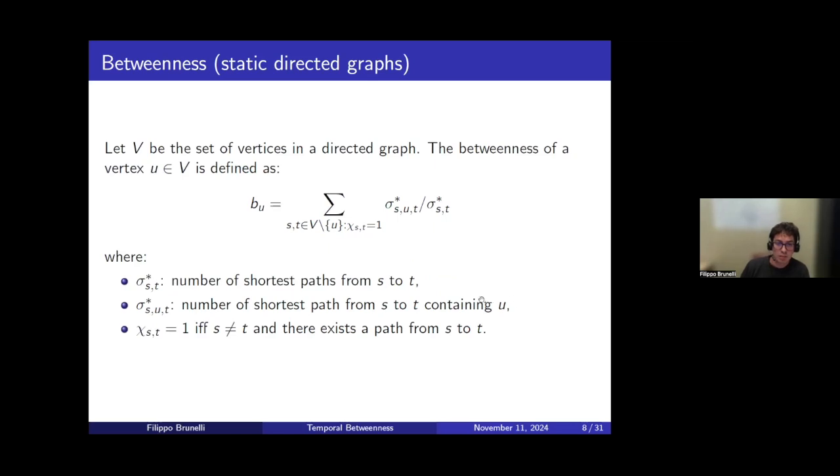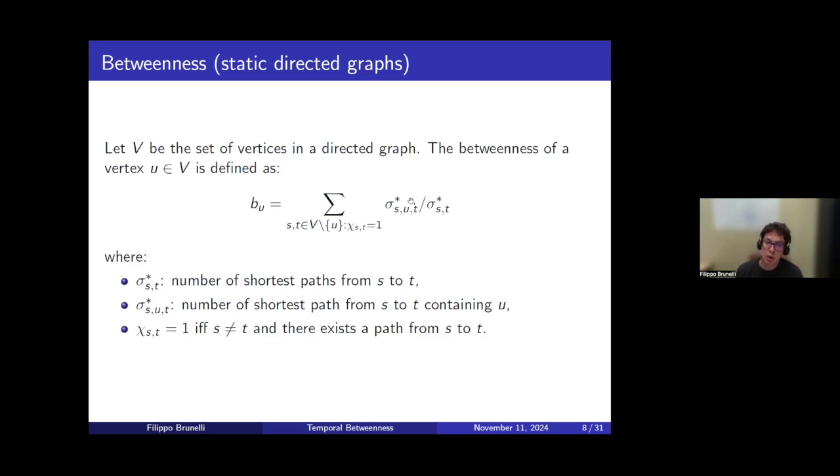So as we are speaking about betweenness measure, let me first remind you what is the definition of betweenness for the classical notion of directed graphs, so without the temporal dimension introduced. Basically, informally, we can say that betweenness measures how often a vertex lies in shortest paths in the graphs.